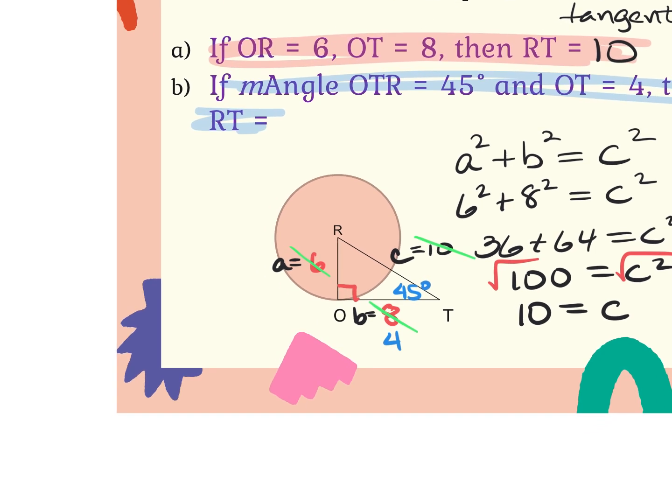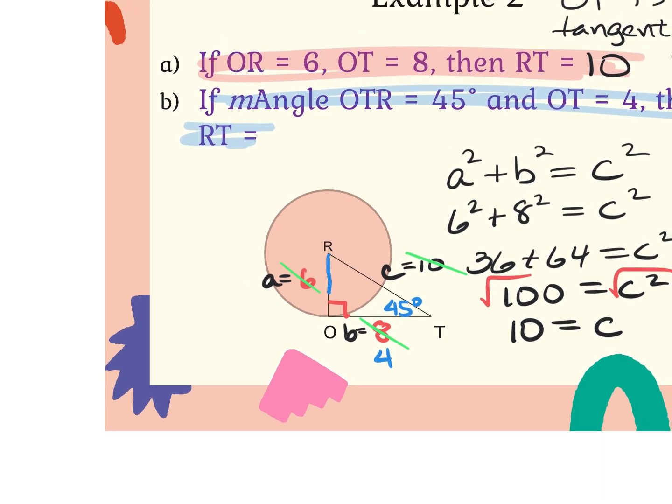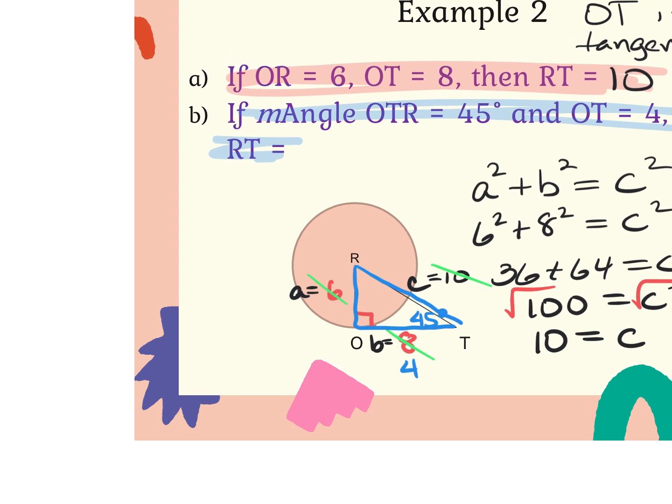Now, if you recognize, this triangle has turned into a special right triangle, a 45, 45, 90. If you wanted to pull it out so you can see it a little better, OT is 4, and this angle is 45, and so is this. If you remember, the two sides forming the right angle, these two legs, are always congruent. And then the hypotenuse, whatever the leg A is, is A square root 2.